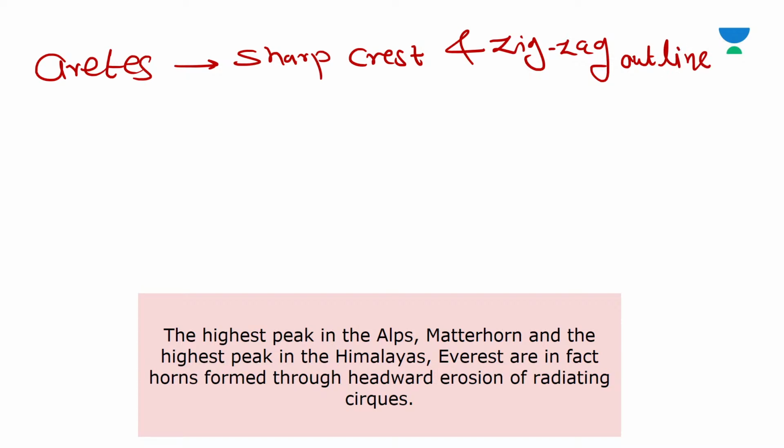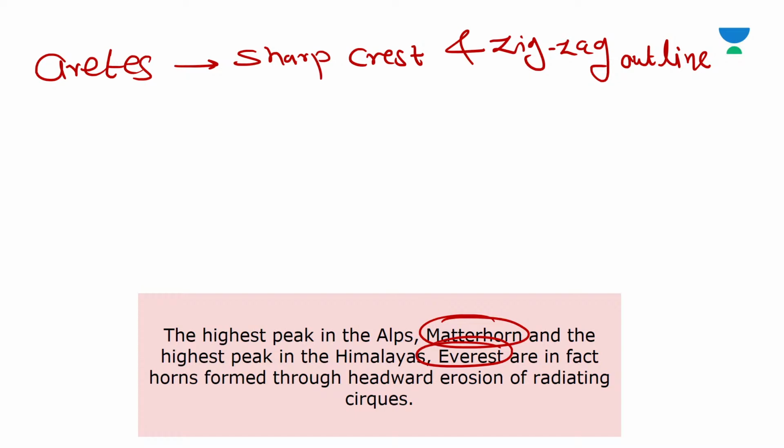Now the highest peak in the Alps, Matterhorn, and the highest peak in the Himalayas, Everest, are in fact horns which form through headward erosion of radiating cirques.